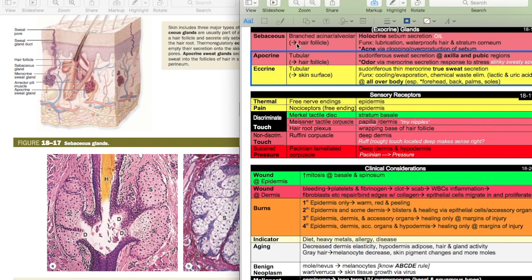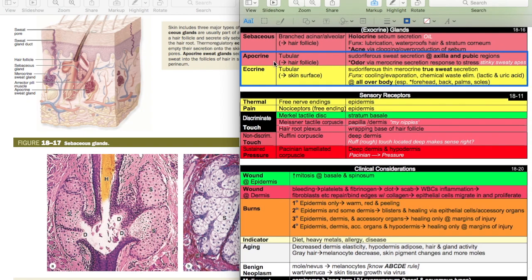You know the hair follicle is deep in the skin, so you could at least guess that it's down in the dermis. Sebaceous glands are in the dermis, and we will find out next that apocrine glands, they're sweat glands. You know that these two are sweat glands off the bat because anything that ends in crine means it's a sweat gland. Apocrine, eccrine, they're both sweat glands.